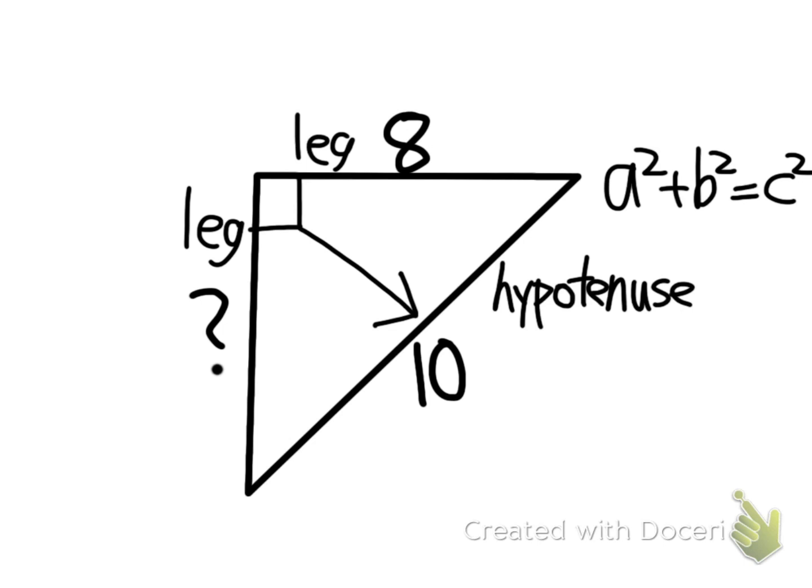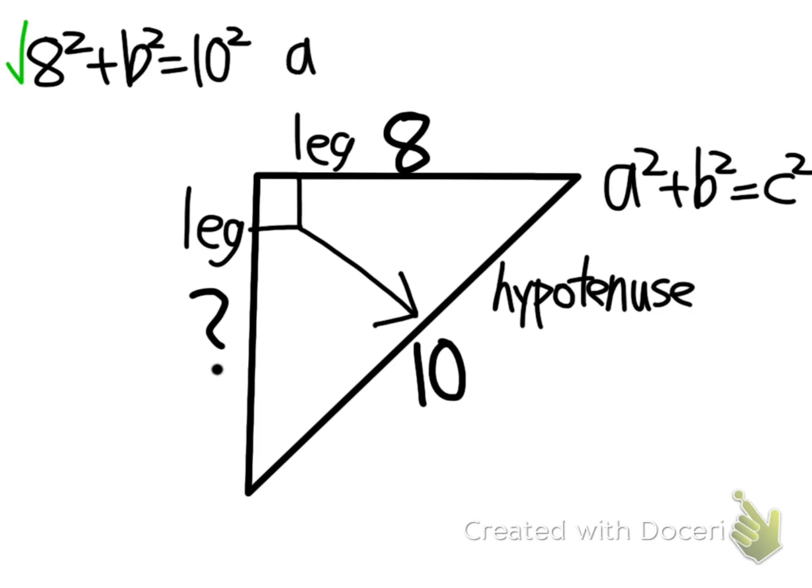The value that you plug into the variable c is always the hypotenuse. For example, if I were to plug the variables in like, I don't know, this, that would be correct.